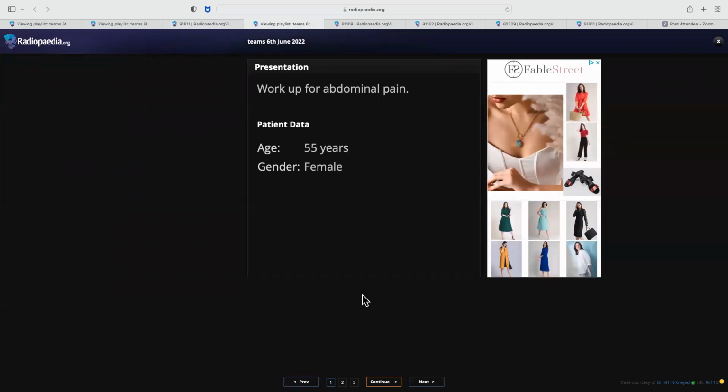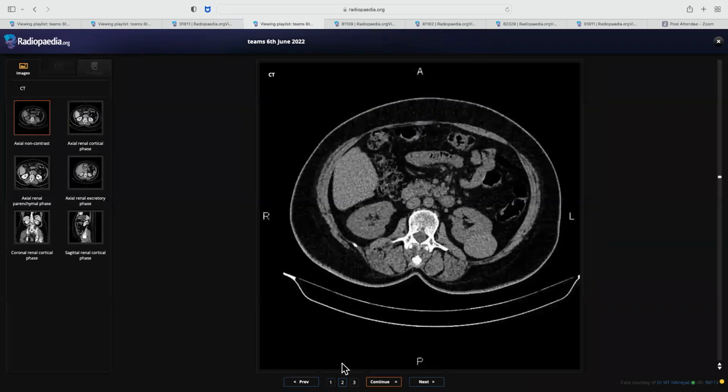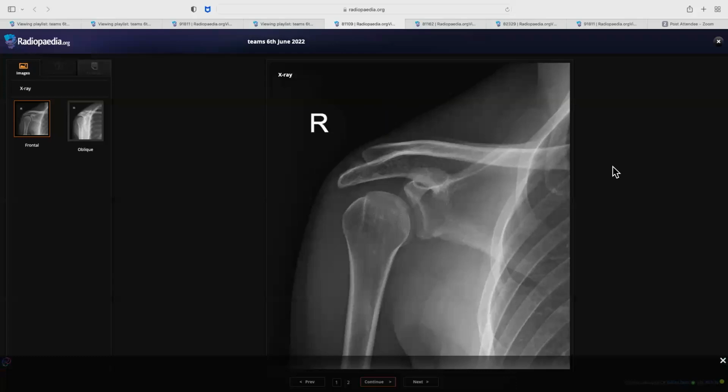Okay, workup for abdominal pain, 55 female. This one you saw. Okay, sorry. Yeah, this one. So I'm presented with a radiograph of the right shoulder joint. I can't see any major abnormality in the imaging.